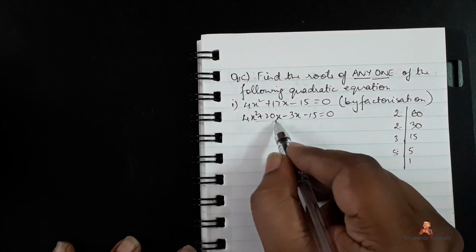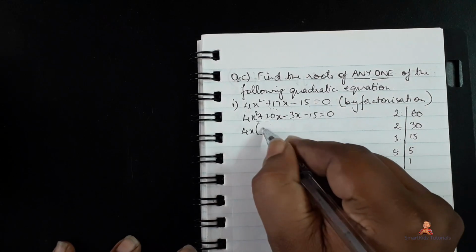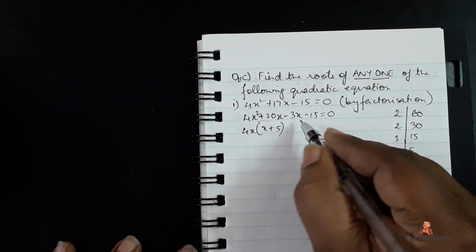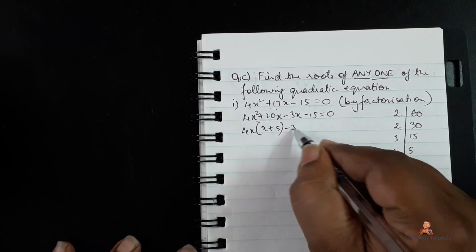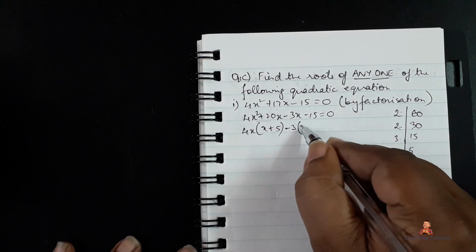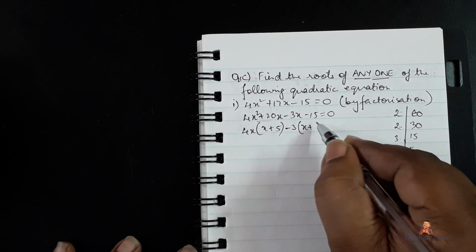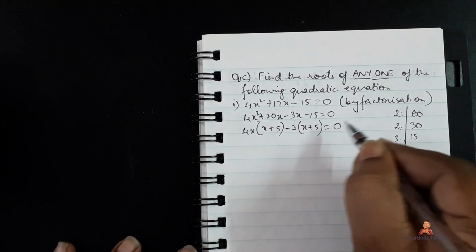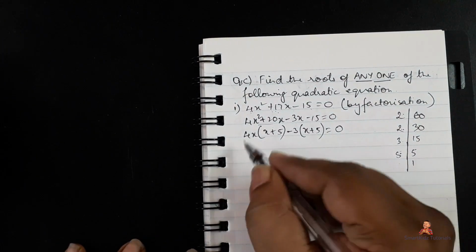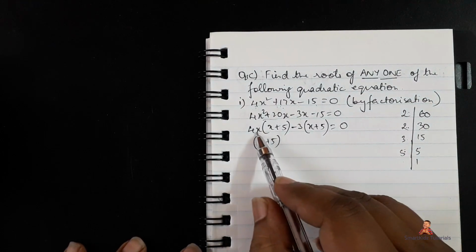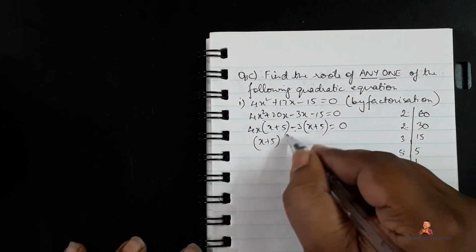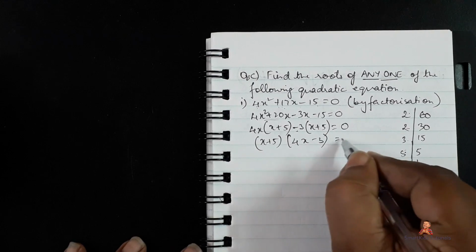We'll take 4x common between these two, and we'll be left with x plus 5. Here we'll take the minus sign common, and we'll take 3 common. Minus 3, which will be left with positive x plus positive 5. 3 5s are 15 equal to 0. Take x plus 5 common to both of these terms, then whatever remains, 4x minus 3 equal to 0.